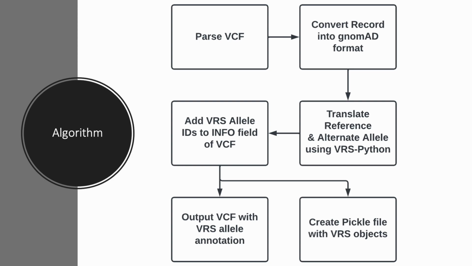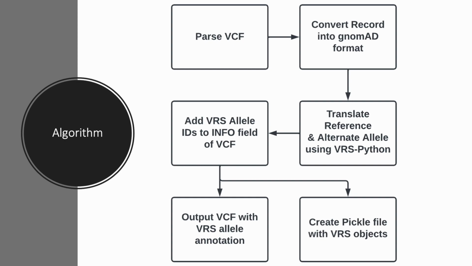The VCF annotation script works by following this simple flowchart. First, we read in and parse the VCF by leveraging the PySam package. Then, we convert each VCF record into a nomad-style format to allow for the normalization and translation of both the reference and alternate alleles into their VERS representations through VERS Python.